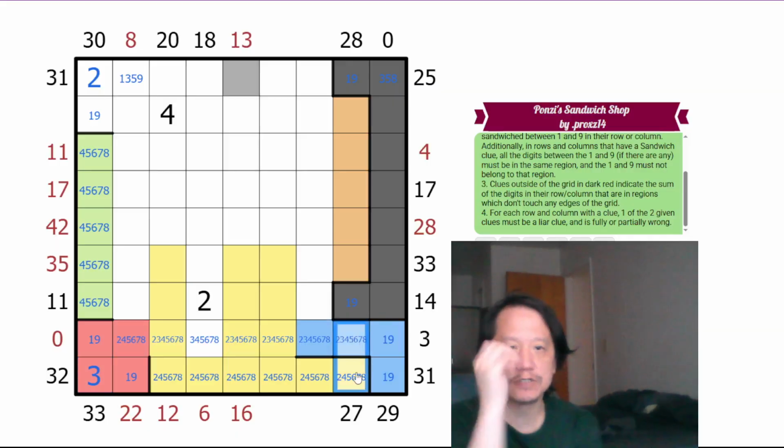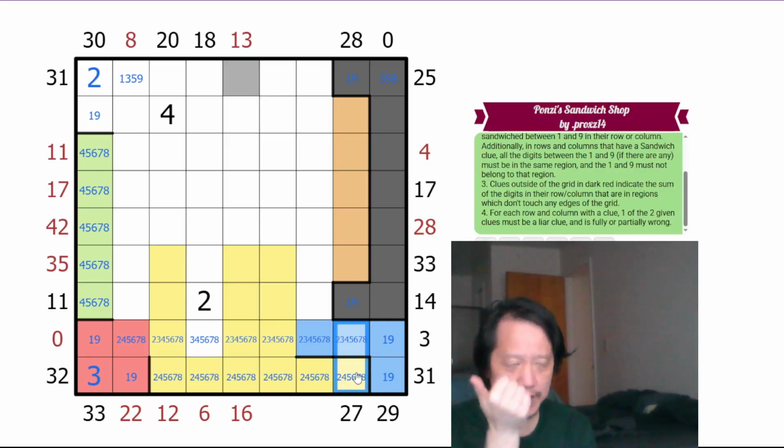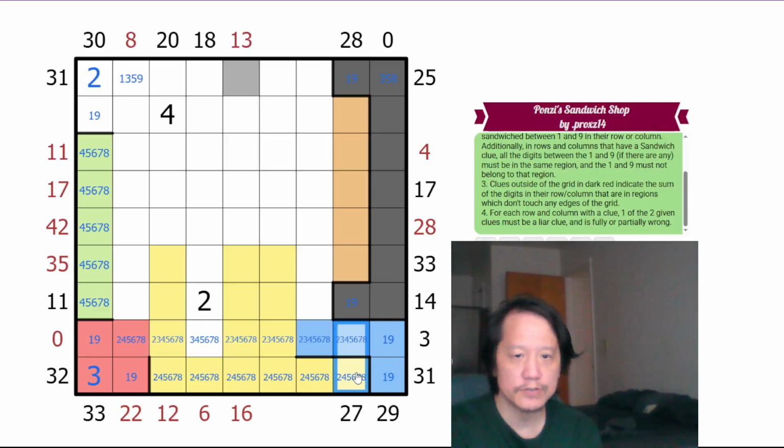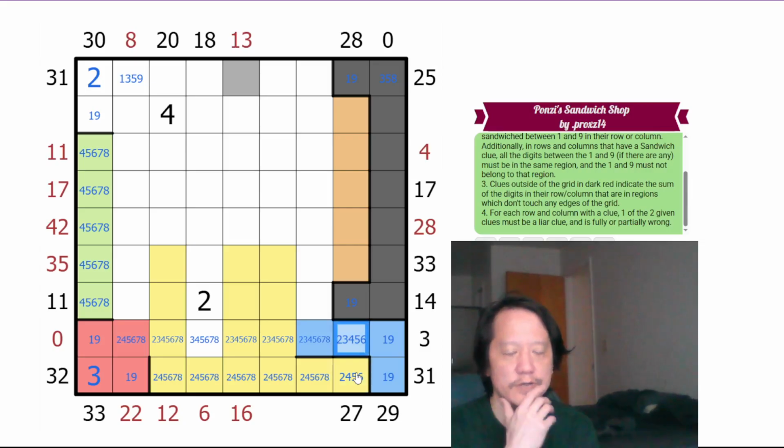These 2 digits must add up to either 8 or 7. So there's no 8 here, no 7 here. It could be 2, 6 as a pair. It could be 2, 5 as a pair. It could be 3, 4 as a pair, or 3, 5 as a pair. We don't know. Interesting.